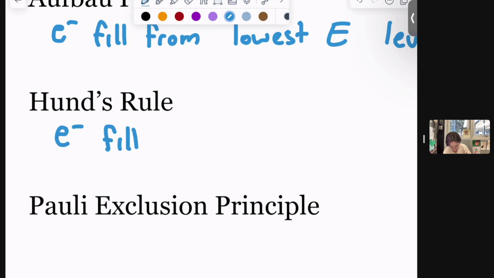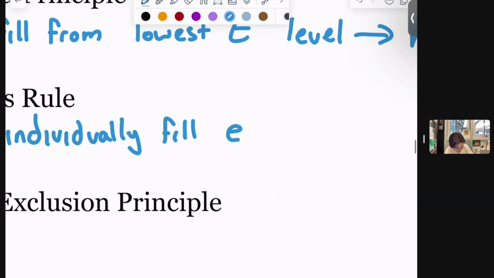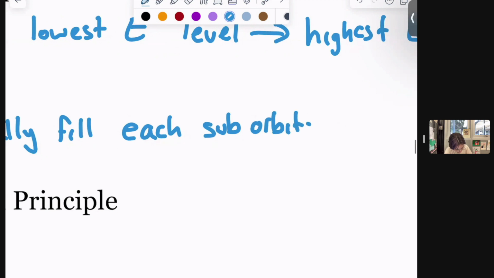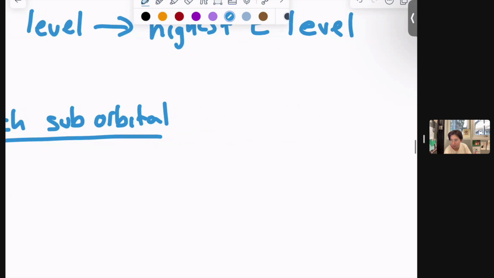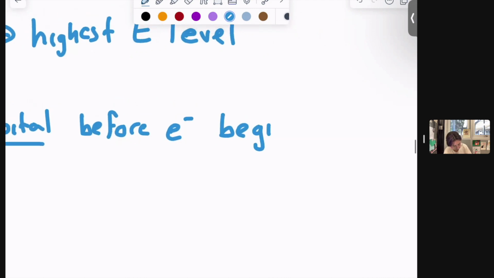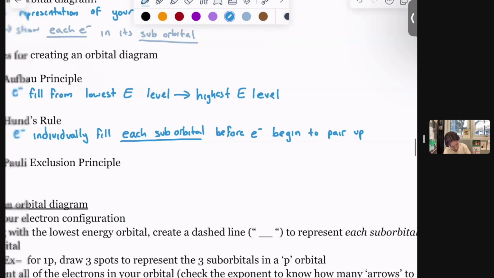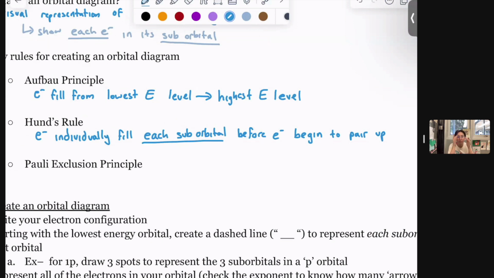Electrons fill, let's say electrons individually fill each suborbital before electrons begin to pair up. So you'll see this in action in a second. I think it will make more sense.